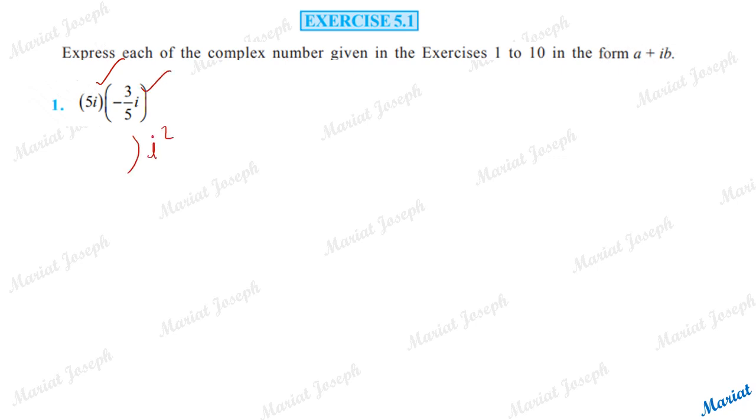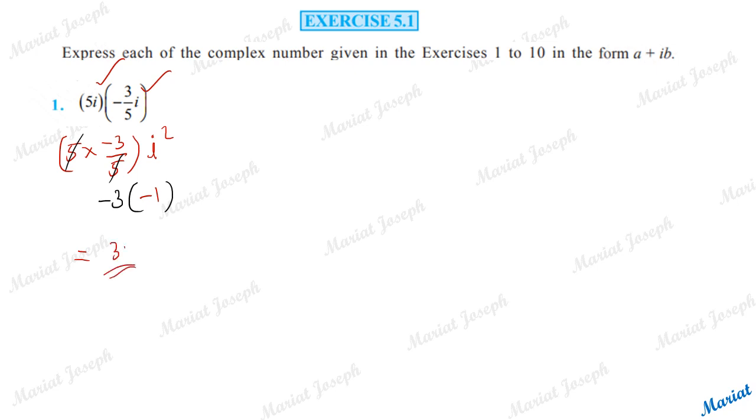And the remaining numbers let's multiply. 5 into minus 3 upon 5. So obviously this 5 gets cancelled and there is a minus 3 only left, and i square is minus 1. So the answer is minus 3 into minus 1, that is plus 3 is the answer.